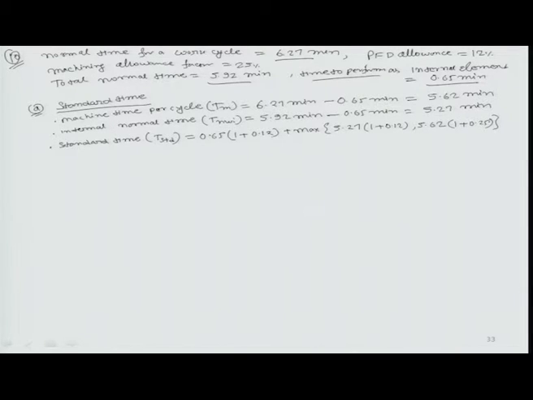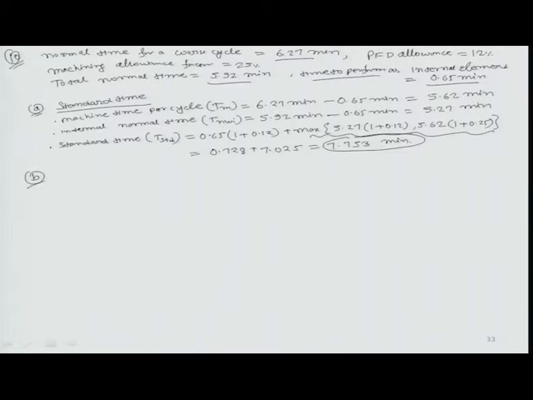Okay. From this expression, only the maximum of either this one or this one will be included in the summation. And then finally we get 0.728 plus 7.025, that is equal to 7.753 minutes. Okay, that is the standard time.